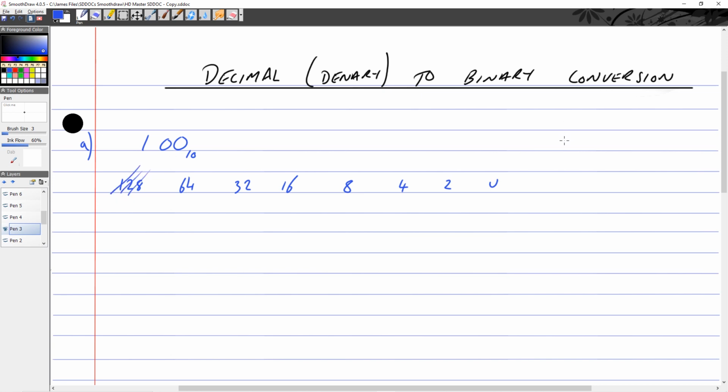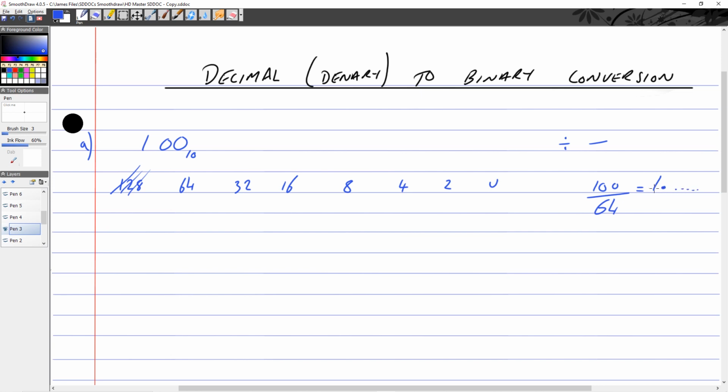And the opposite of what we did earlier, multiplying and adding, effectively what we're doing is dividing and subtracting to get our answer. So one way of seeing it is 100 divided by 64 gives us 1 and a remainder. So really we're saying 100 divided by the 64 column equals 1 point something.